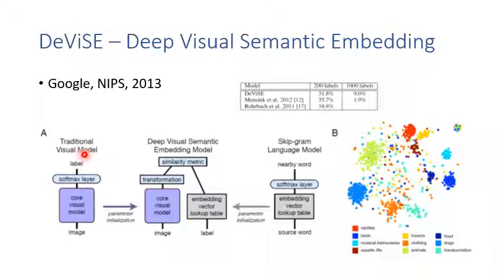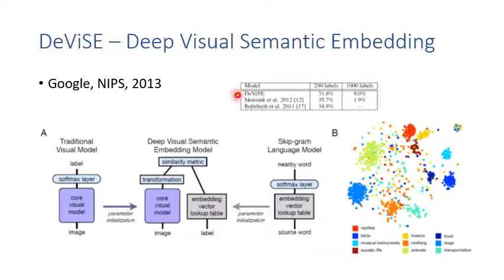So although we have never seen zebra in our training data, we can use the transformation to project zebra into the right Word2vec and find the right answer. For example, I'm not sure if there is a zebra class in ImageNet, but here's an example. So we can do a transformation.